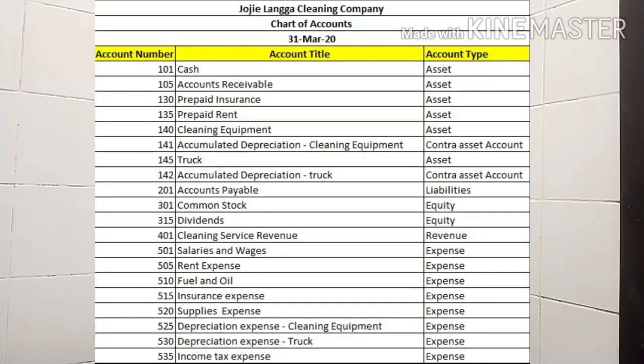What is this chart of accounts? This chart of accounts is a list of account titles that we are going to use during the process.